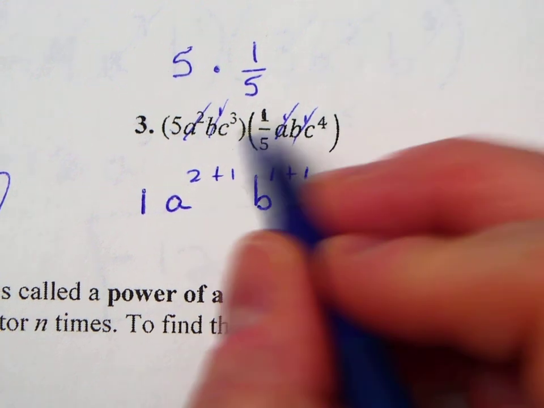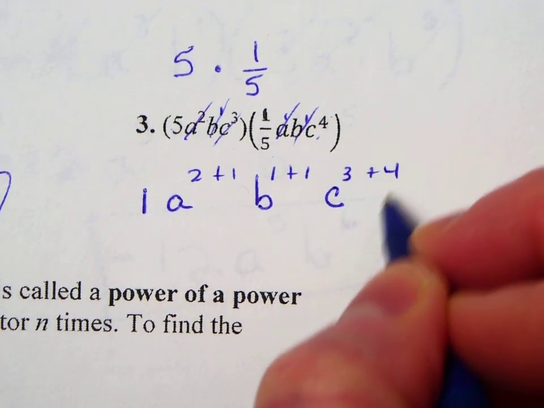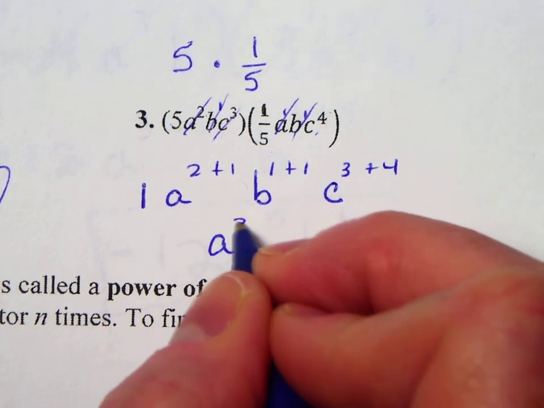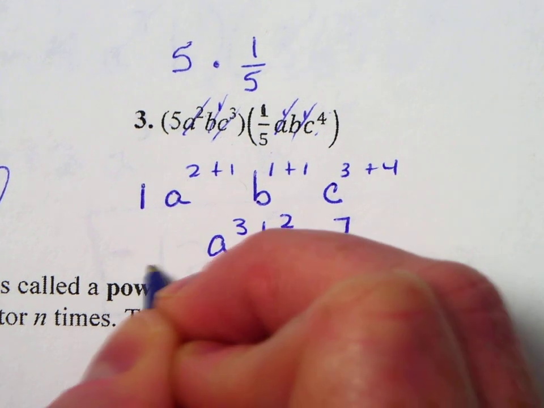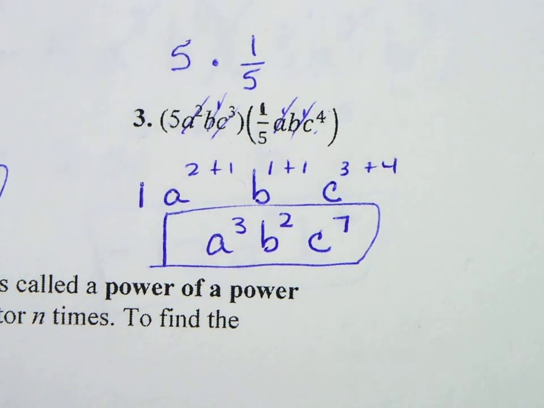Then the c values, c to the 3 and c to the 4. Final answer, a to the 3rd, b to the 2nd, c to the 7th. Did I have to have the 1 in front of it? No. Is it okay if you have the 1 in front of it? Absolutely, no problem. Okay? So far, so good?